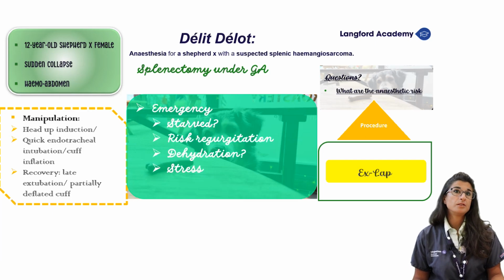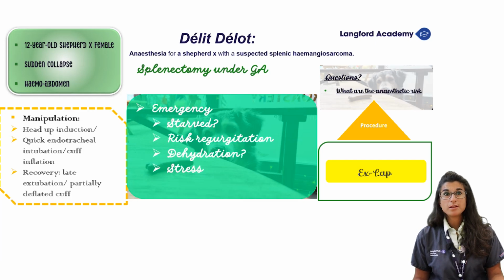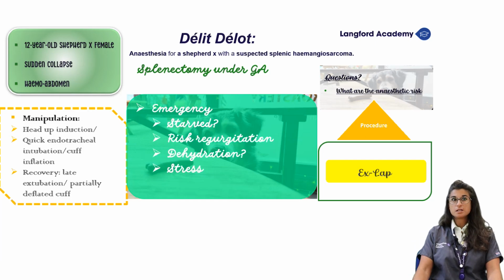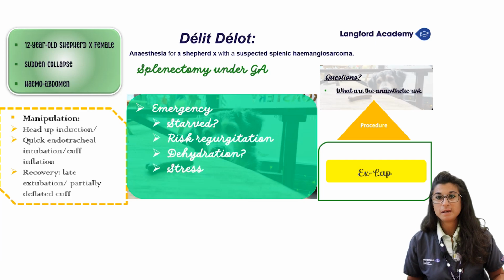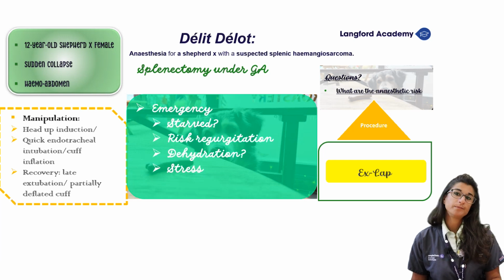So in terms of manipulation, you want to do a head-up induction, meaning that you want a quick endotracheal intubation with the inflation of the cuff while the head is still up to avoid any aspiration. And same at the recovery, you want to do a late extubation with the cuff partially deflated in case the patient has regurgitated during the procedure. That would help to pull out any regurgitation that sat on the cuff during the extubation.